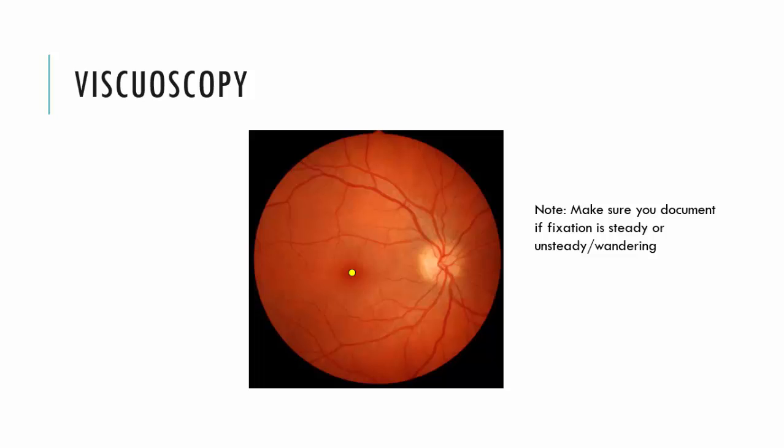It may take you longer, versus wandering indicates that you have a patient who might be easier to remove the eccentric fixation. It can also be a guide when you're treating a patient for amblyopia and eccentric fixation, whereby the eccentric fixation may begin steady, then move into wandering, and that indicates that you're being successful towards removing the eccentric fixation.